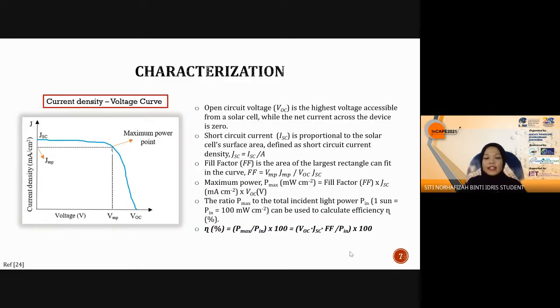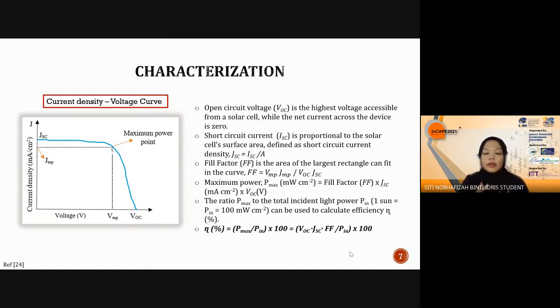After synthesizing the tin oxide using those methods, it will be applied in the DSSC, and the DSSC will be characterized to determine the efficiency.